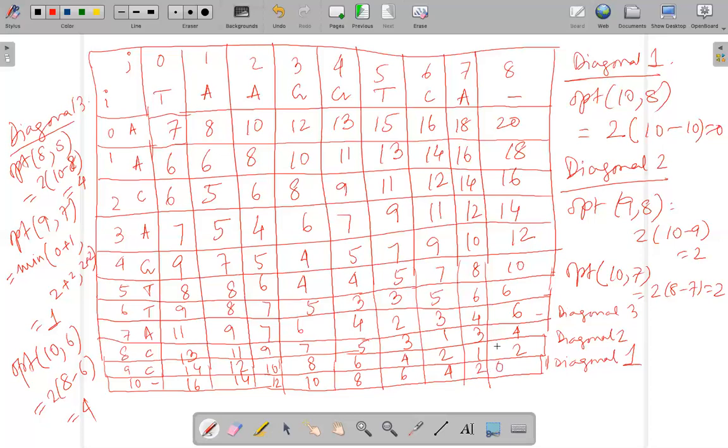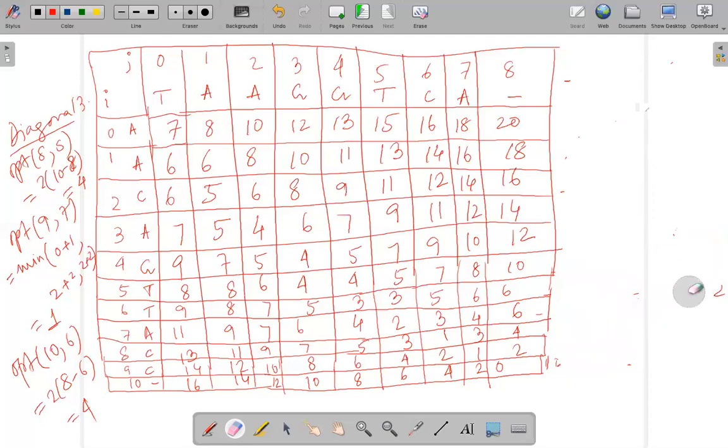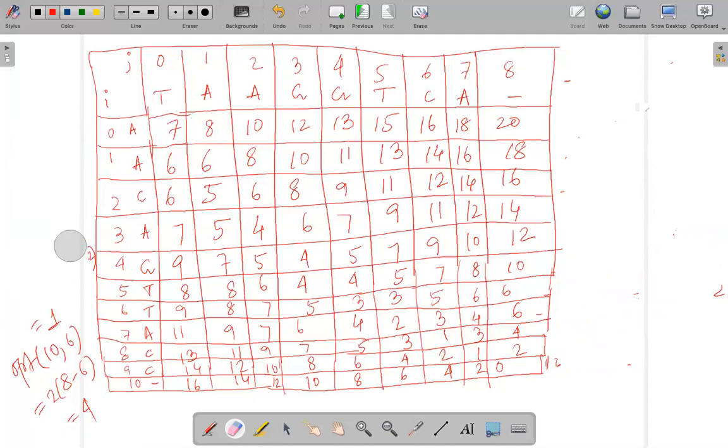So in this way, you can fill up the whole table. Now see that by building this table, you have only found out the cost of the optimal alignment. We have still not found out the exact optimal alignment. We now have to see how we can build from this table the actual alignment that gives us this cost.